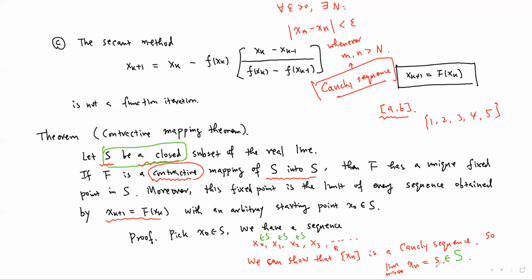Now, this s can be seen to be a fixed point of capital F. So we have a fixed point. Now, how to prove uniqueness? Uniqueness is very easy to prove.